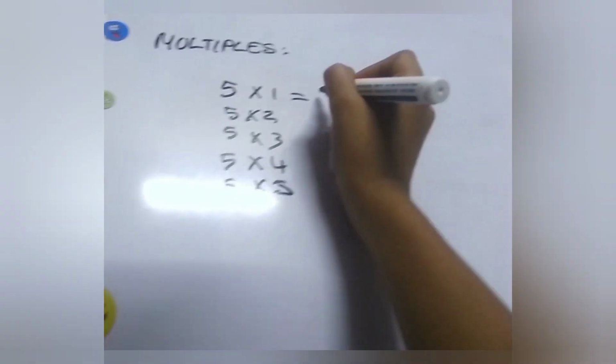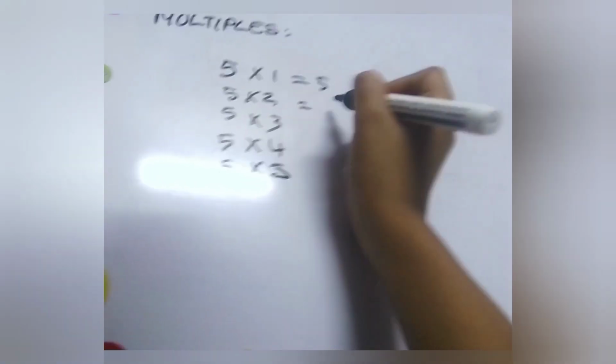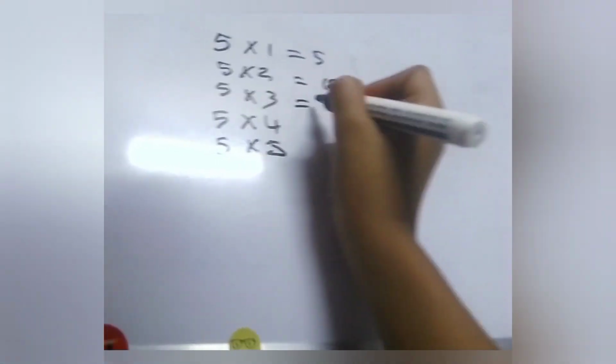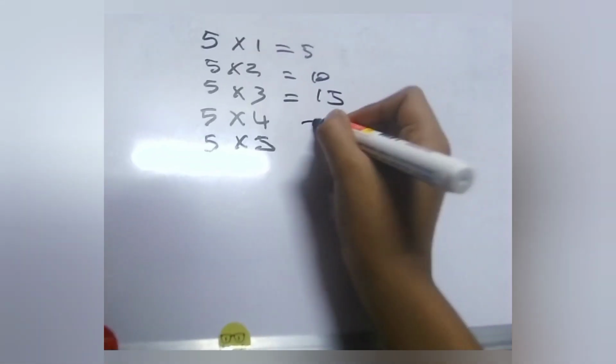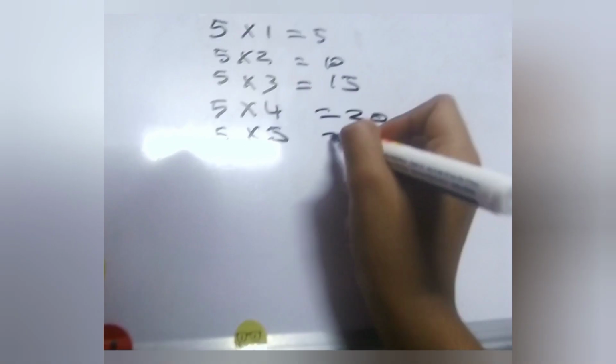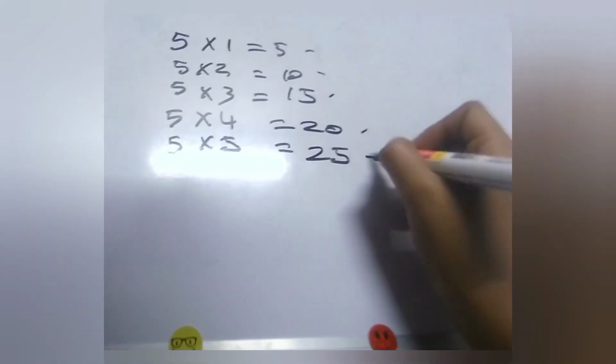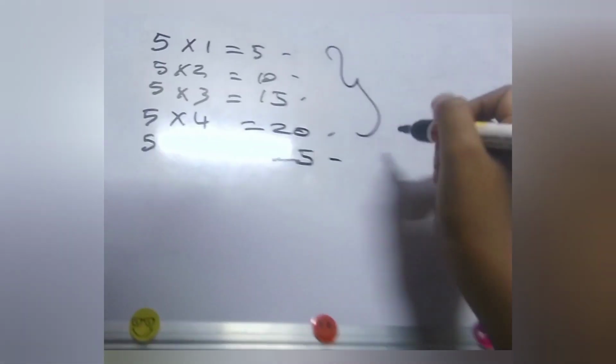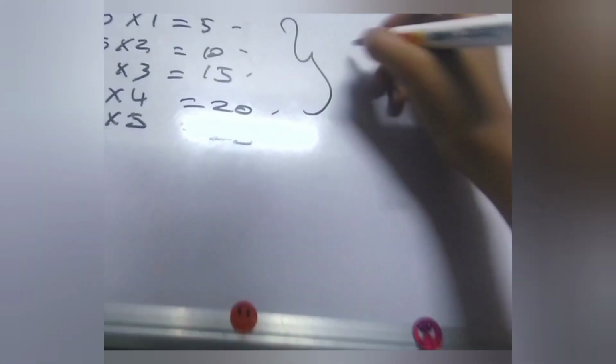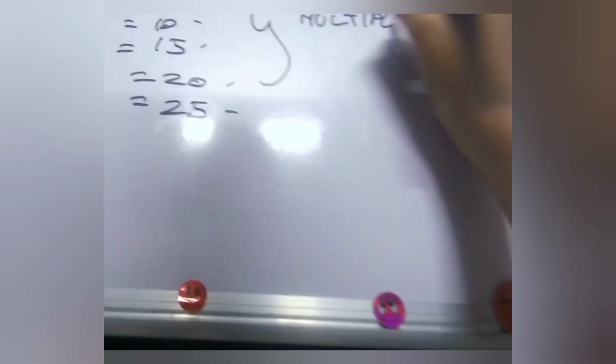So 5 ones are 5, 5 twos are 10, 5 threes are 15, 5 fours are 20, and 5 fives are 25. All these 5, 10, 15, 20 and 25 are the multiples of 5.